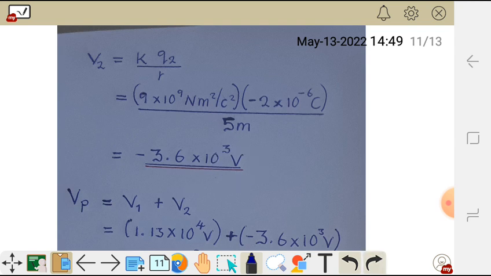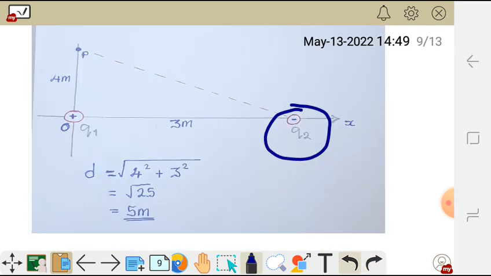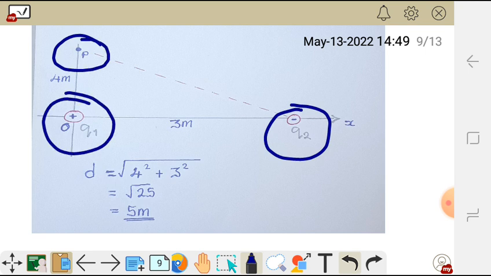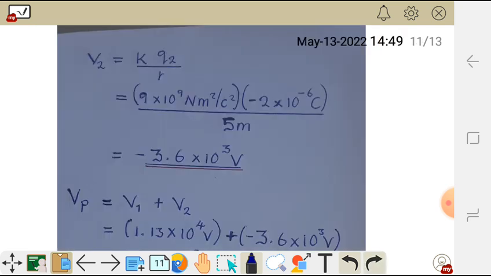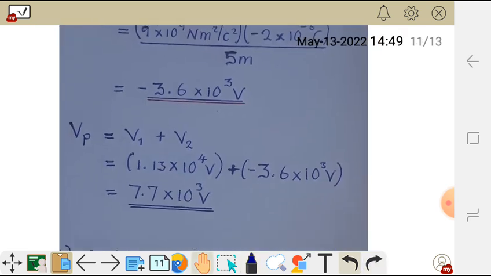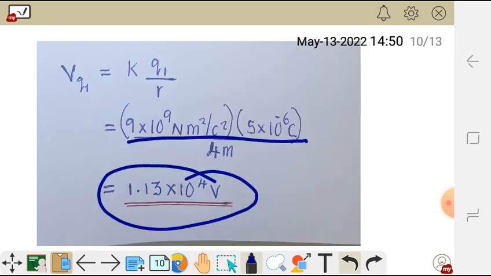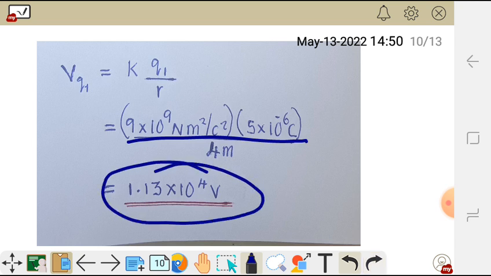So to find the potential at that point, we need to add using the superposition principle. You add the potential due to this and that. That will be the potential at that point there. So adding V1 and V2, our V1, we already found that it was this one here, which is 1.313 by 10 to the power 4.